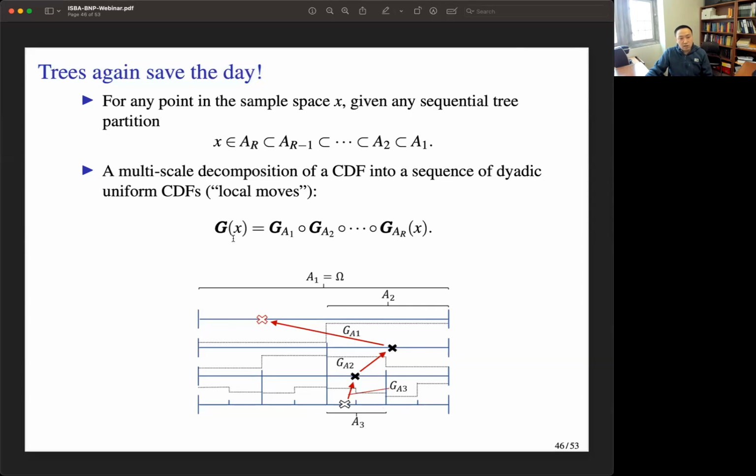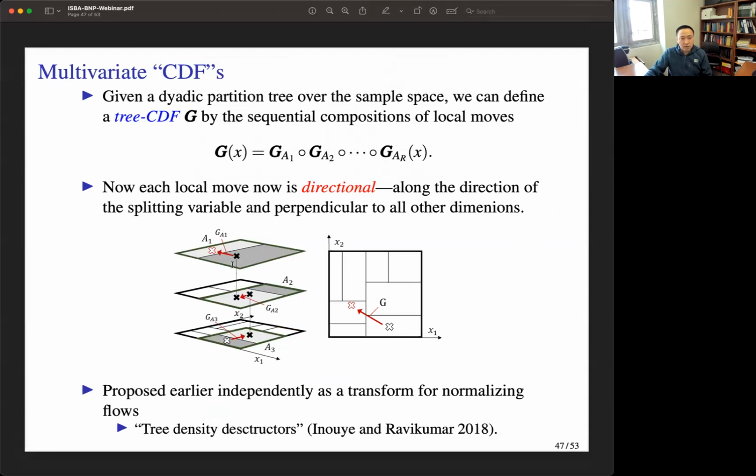It turns out that the univariate CDFs can also be represented in terms of a multi-scale tree decomposition, in terms of a sequence of compositions of local binomial Bernoulli CDF compositions. What that implies in the multivariate setting is that if you give me a partition tree, the partition tree essentially reduces the dimensionality of the data down to one dimension.